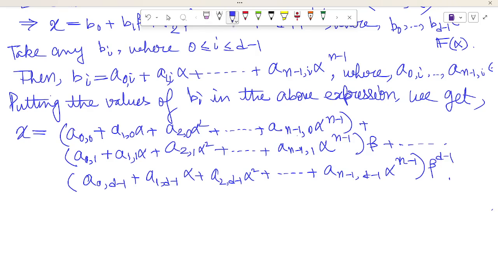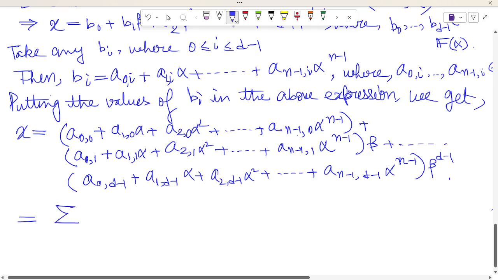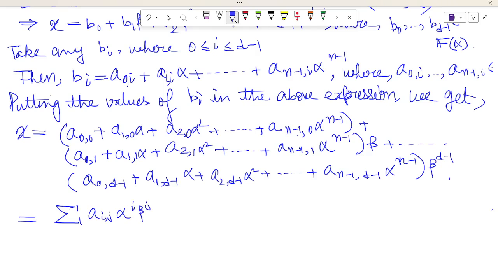That means actually I can write it as a ij alpha to the power i beta power j, where all combinations will be there.